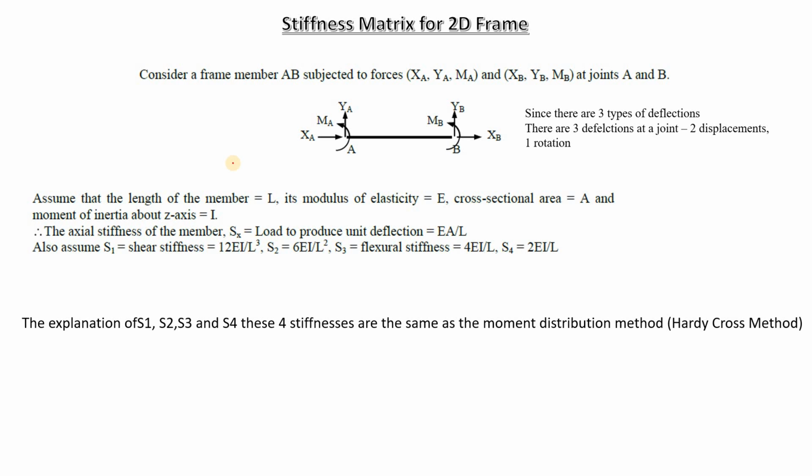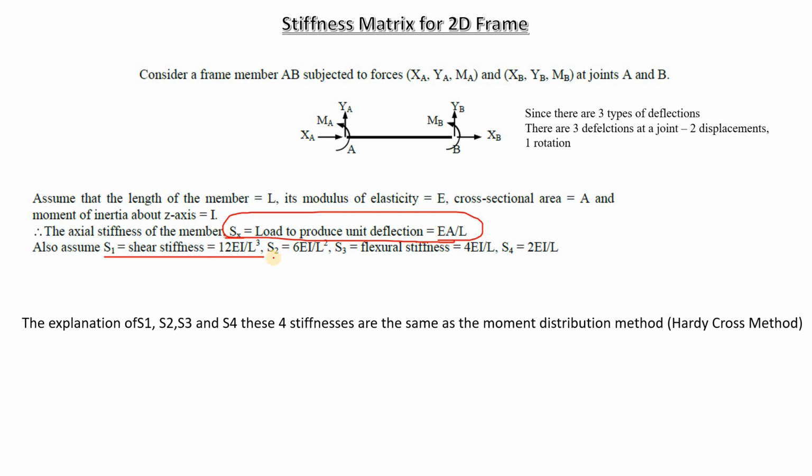Okay, so if we assume that the length of the member is L, its modulus of elasticity is E, cross-sectional area is A, and moment of inertia about Z axis is I, then we're going to get the following matrices. So the axial stiffness matrix Sx is equal to EA by L. Then we have the shear stiffness S1, which is 12 EI by L cubed.